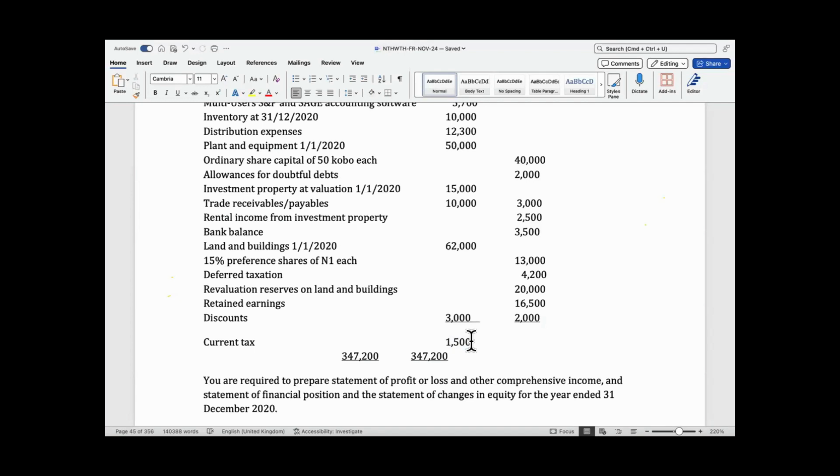So, on the basis of that understanding, what goes to P&L? Is it this 1.5 or something else? I think they will have to add this to the provision they previously had to give you the total tax expense for the year that will go to the P&L.